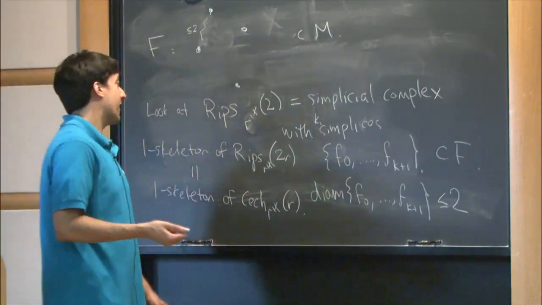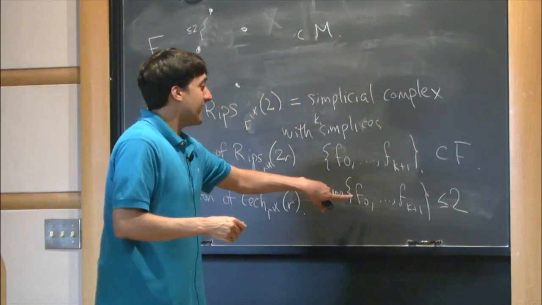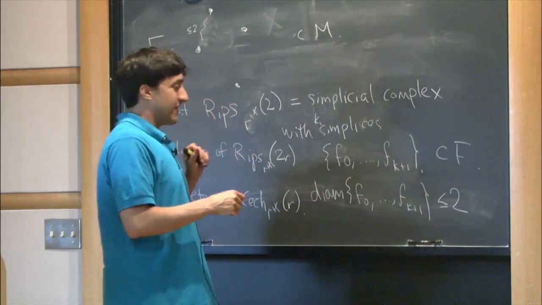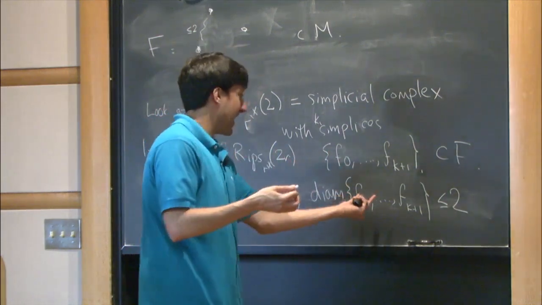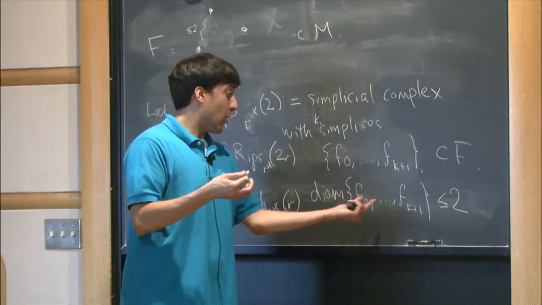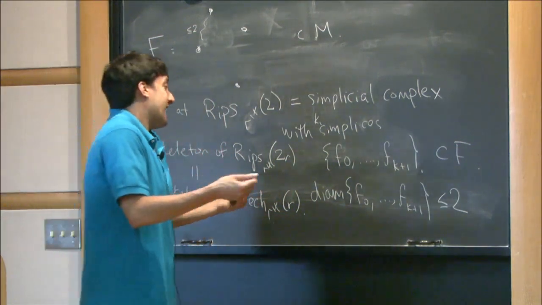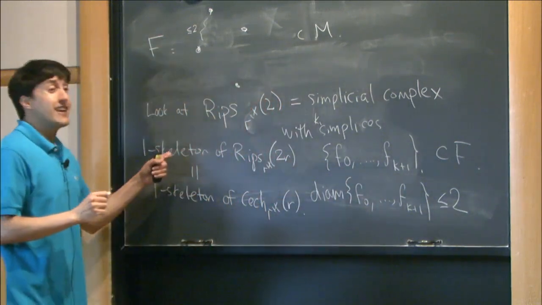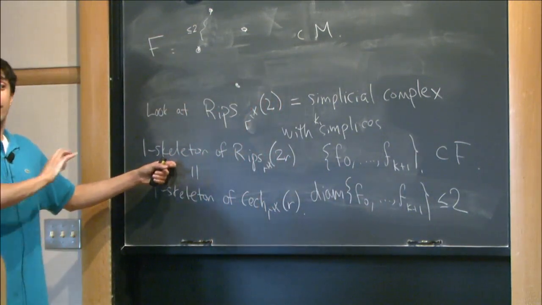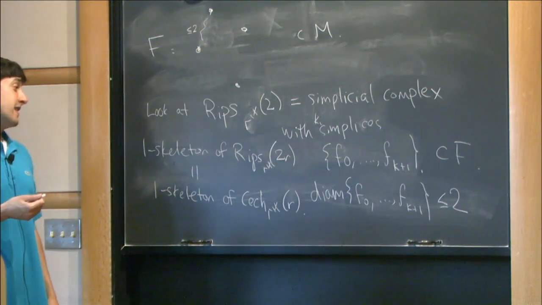They are identical to each other. Another way of saying this: the diameter being less than or equal to 2 just says that all pairwise distances between points here are less than or equal to 2. Or another way of saying that is that every fi and fj must be adjacent, connected by a common edge in this one skeleton.